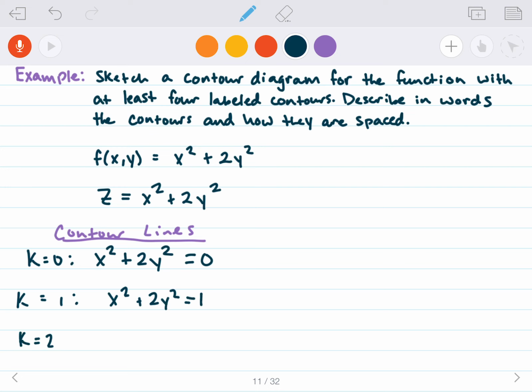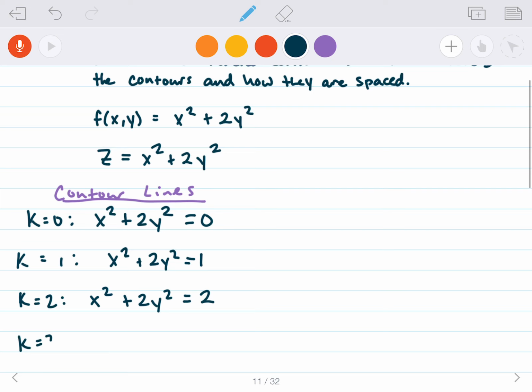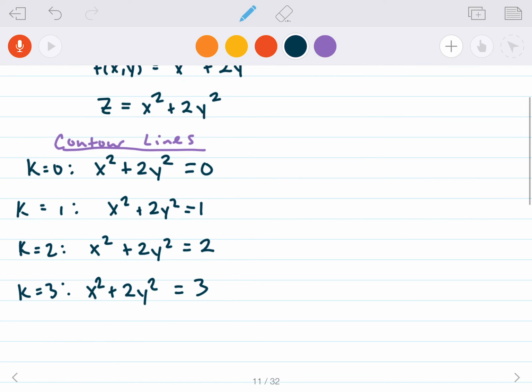K equals 2, x squared plus 2y squared is equal to 2. Okay, so 1, 2, 3, 4, 5 contour lines.